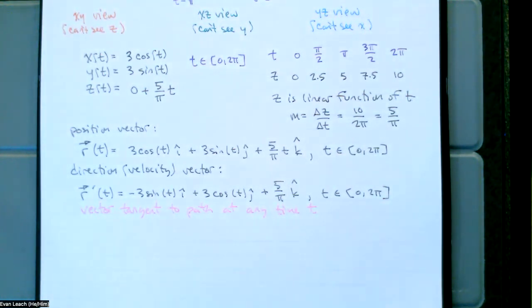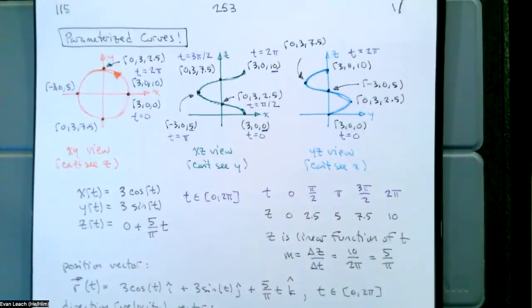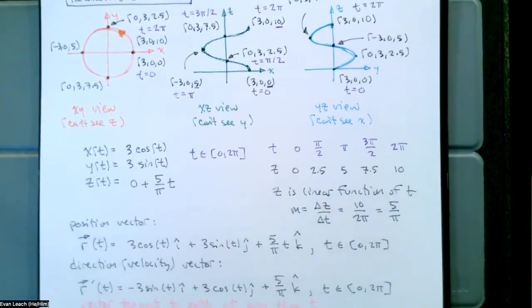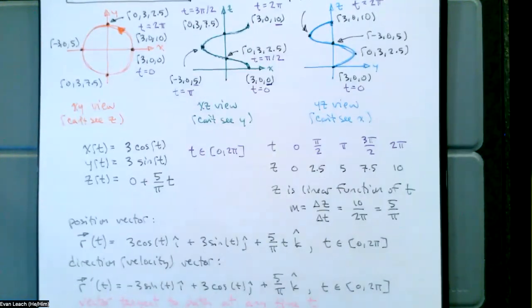If we go back to our views, our xy view, our xz view, and our yz view, we can just take these parts two at a time and draw tangent vectors that we can see. In our xy view, where we can't see z, we just really worry about these two direction vectors, -3 sine t plus 3 cosine t.